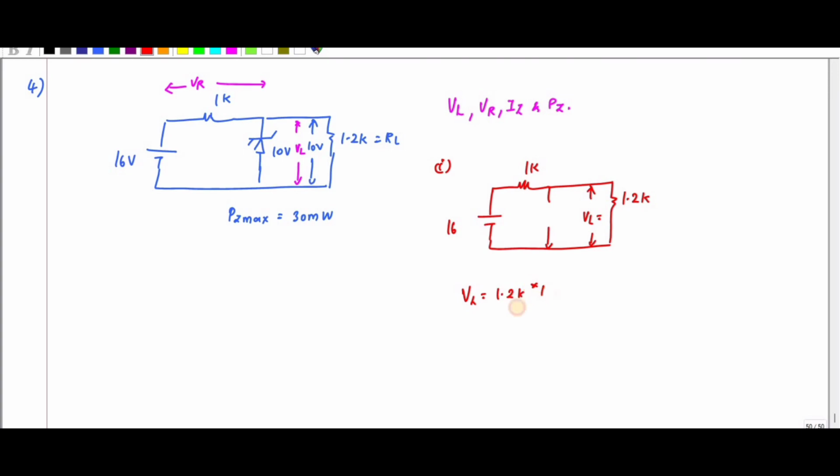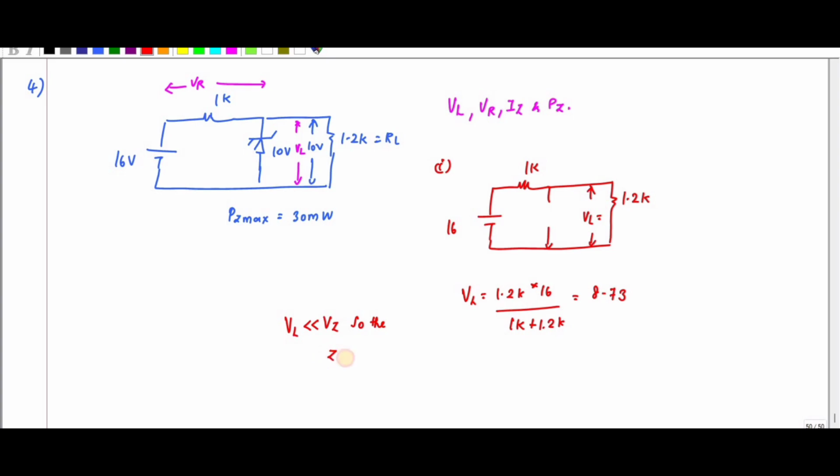VL is equal to 1.2K into 16 divided by 1K plus 1.2K. So this is nothing but 8.73. So the voltage across the load is 8.73, and VZ we already know is 10 volt. So VL is less than VZ.